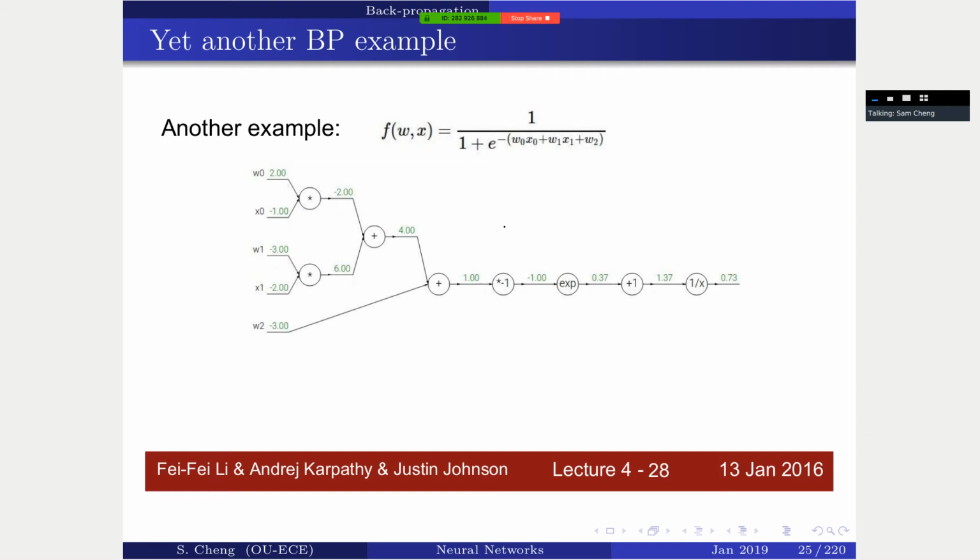But you see, here it is already showing the output, but I don't think it writes down the partial derivatives. So this is the input here. Maybe I also write those down. So what's the partial derivative of this output with respect to this input here?